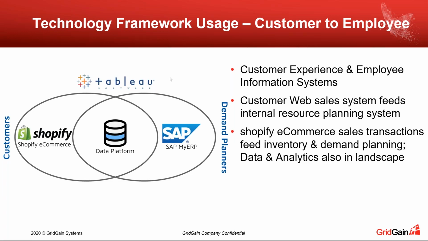If we put some pictures on here using some of the more common systems in these areas, we might pick Shopify for retail sales and SAP for production planning and forecasting. And we'd also need a central database for reporting and analytics for analytic tools like Tableau.